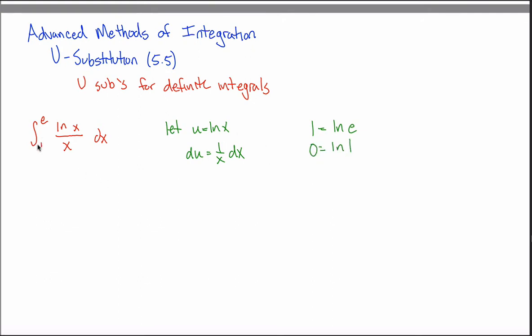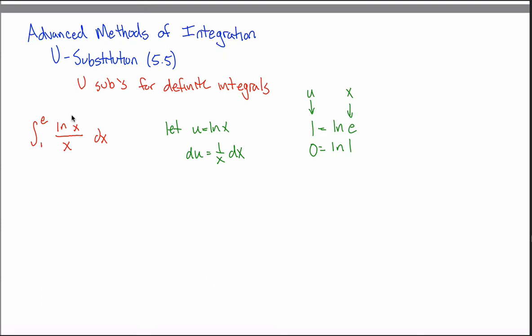So instead of my bounds going from 1 to e here in terms of the x value, they go from 0 to 1 in terms of the u. Right? Maybe this helps. The u's are 0s and 1s, the x's are 1s and e's, and the way you get between u's and x's is use this equation which relates together u's and x's, says the u is always the natural log of the x.